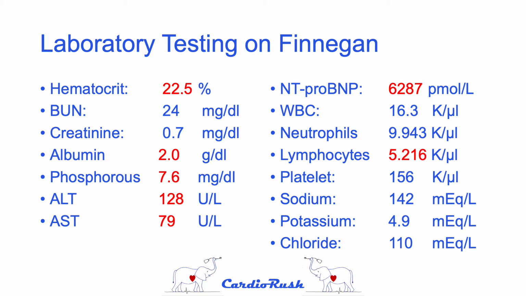Laboratory testing: the values within the normal range are in blue, and in red are the abnormal values. So the dog had a moderate anemia, hypoalbuminemia, elevated phosphorus, mild elevation of ALT and AST, as well as a markedly elevated NT-proBNP with normal values less than 900.